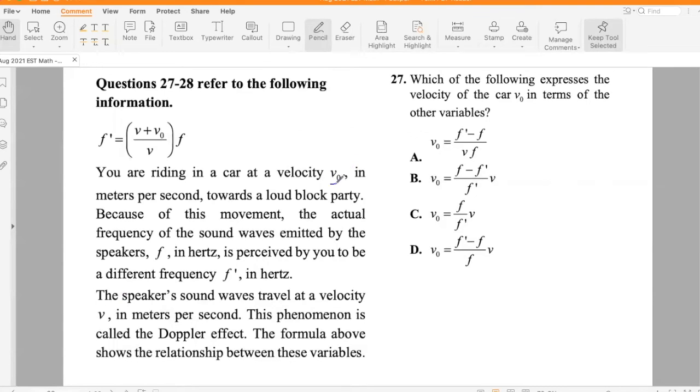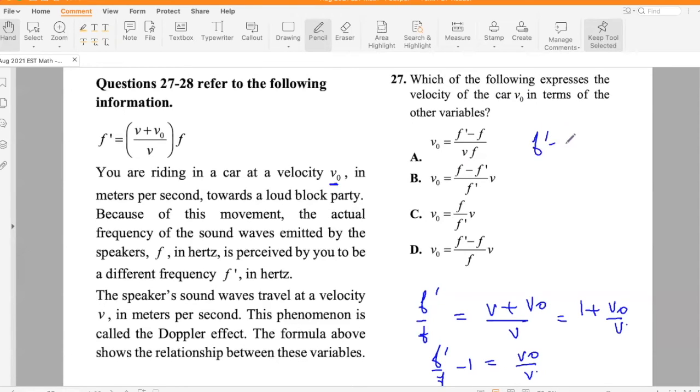Okay, so V0 is the car velocity. Which of the following expresses the velocity of the car in terms of other variables? So f dash by f is v plus v naught by v. So that's 1 plus v naught by v. So f dash by f minus 1 is v naught by v.